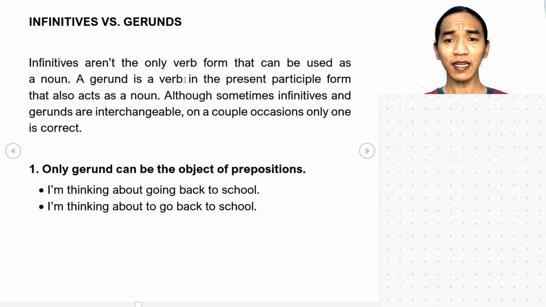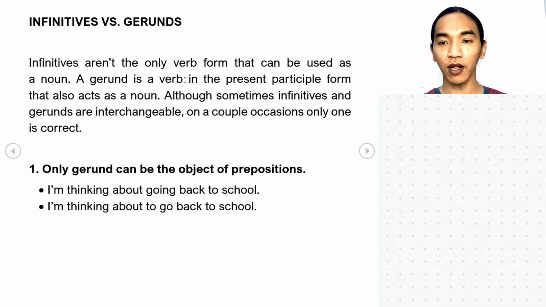Now, we also have the infinitives versus gerunds. Infinitives aren't the only verb form that can be used as a noun. A gerund is a verb in the present participle or the ing form that also acts as a noun. Although sometimes infinitives and gerunds are interchangeable, on a couple of occasions, only one is correct. First, only a gerund can be the object of a preposition.